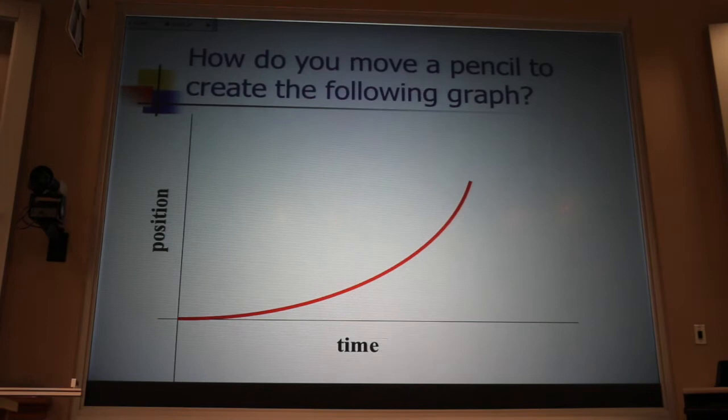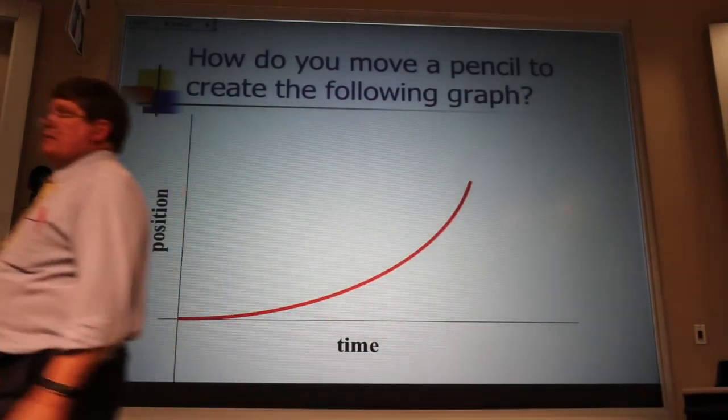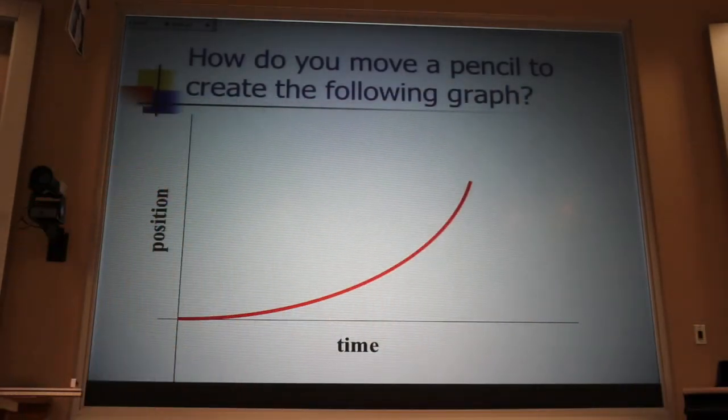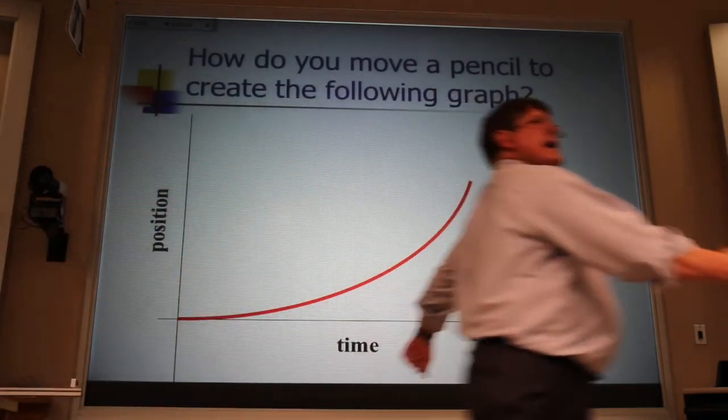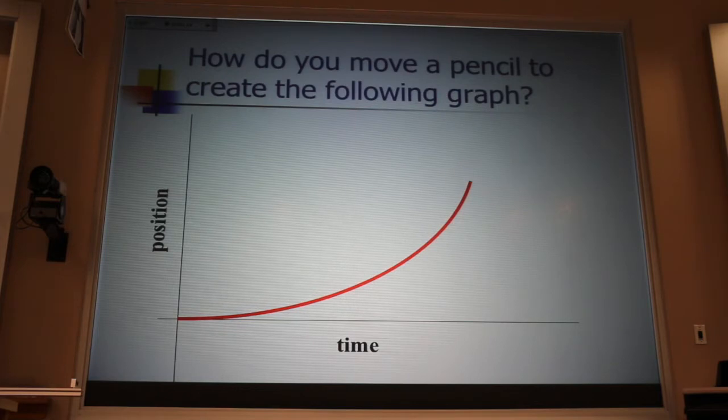At the origin. Which way should I go? Towards the open door. Should I start fast or slow? Slow. I start with 0 velocity, and then I slowly take off, and then get faster and faster as I go. Fat man running. Okay?